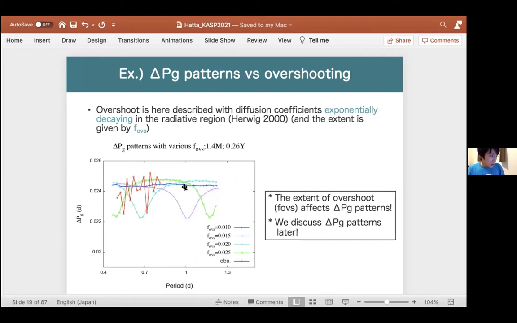As you see, as we change the extent of overshoot, the numerically computed delta PG pattern changes. In this case, this green case is the most appropriate to reproduce the observed delta PG pattern compared with other cases. This is what we do in the first step, and we will discuss the delta PG pattern in more detail later.